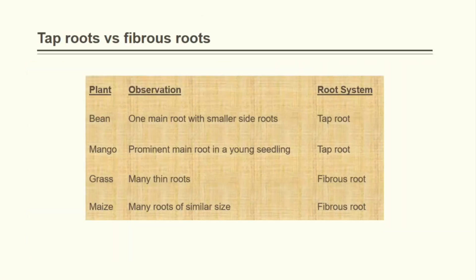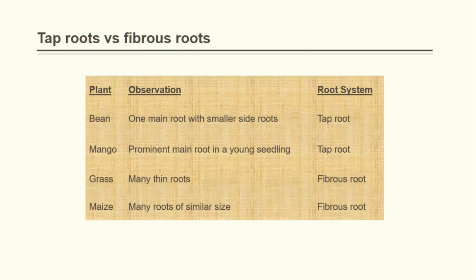Now let's look at some of the differences based on the plant. If you look at beans, you will see that it has one main root with smaller side roots. That tells you that it is a taproot. It comes from the taproot system. When you take mango, you realize that the mango also has one main root in a young seedling.